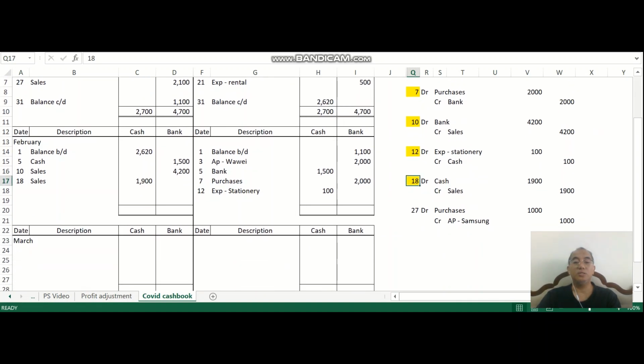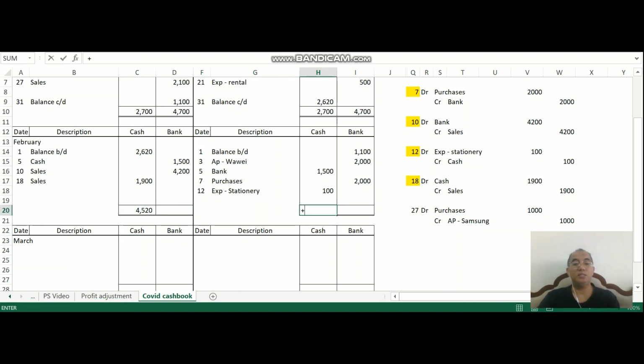Okay, so we have done all the transactions. The marked answers are already inside. So now we're balancing off. Between cash at the debit side and cash at the credit side, which one is higher? So I think this one is higher. So of course I add this. So I got 4,520.